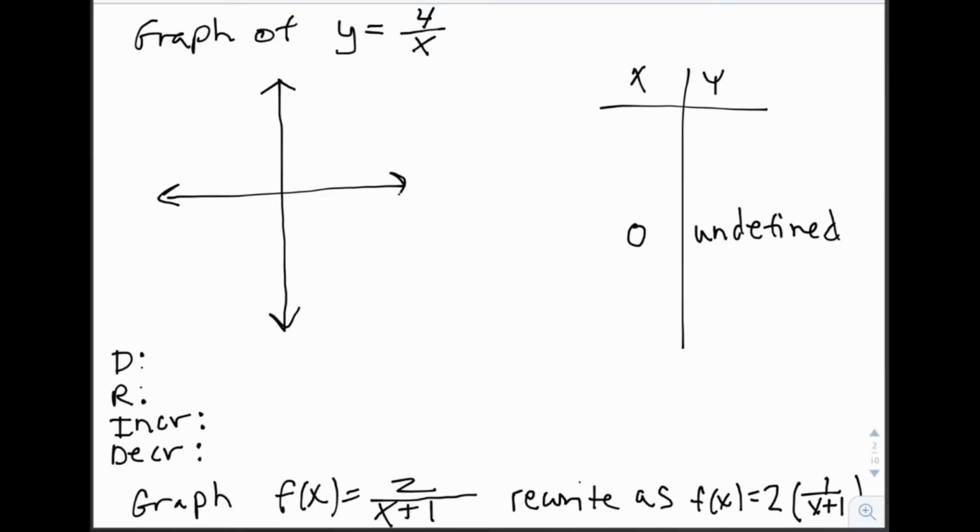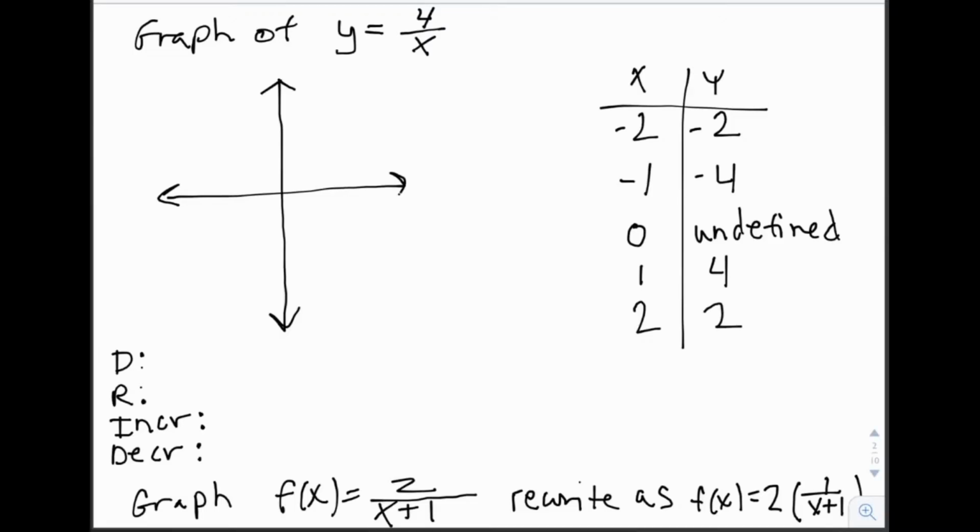And additionally, let's pick some points. In this case, a -1 and a -2, and a +1 and a +2. That will leave us with a -4 here, and a -2, and a +4, as well as a +2.